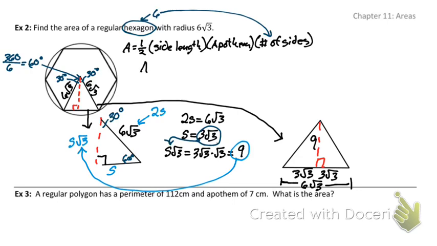So our area now equals 1/2. Our side length is that 6 square root of 3. Our apothem is 9. And our number of sides is 6. Did anyone get ahead of me and do that multiplication?